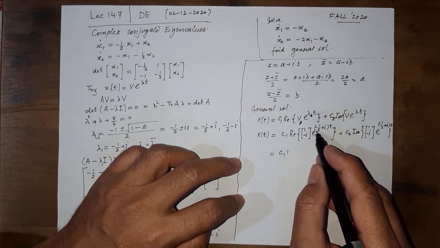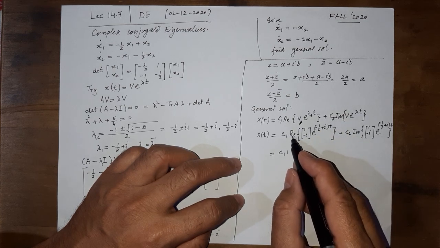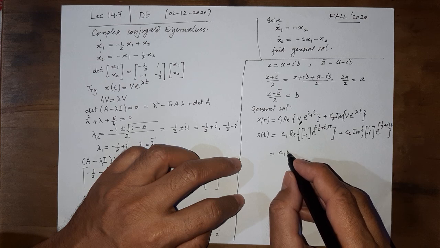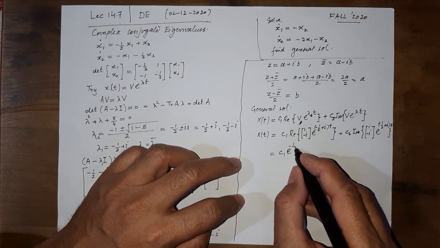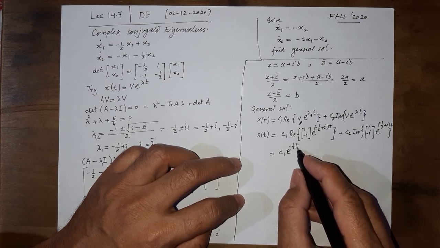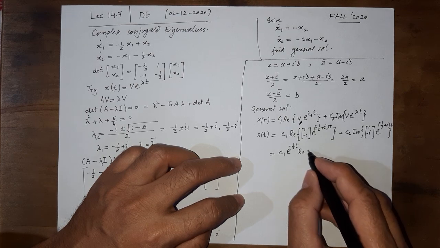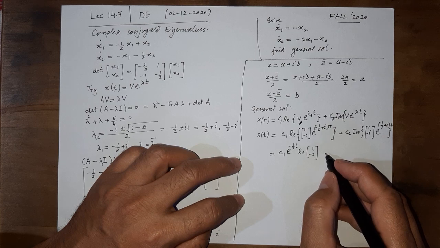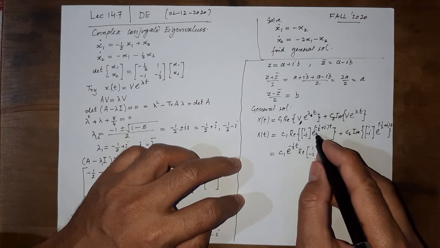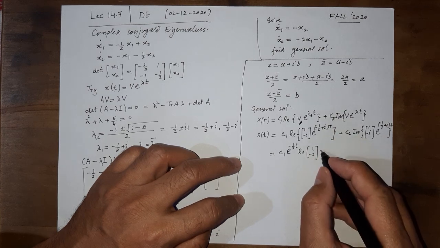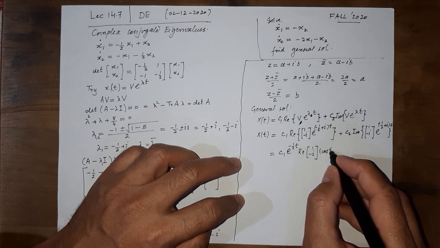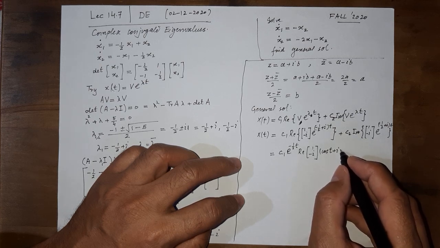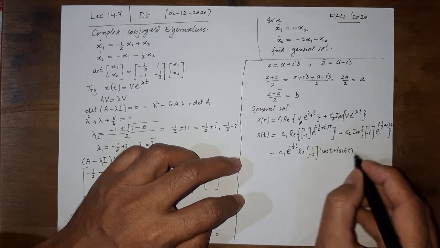So e raised to the power minus half t can be taken out of this because that's a real value. E raised to the power minus half t is real, and the real of 1 minus iota, and e raised to the power iota t is equal to cos of t plus iota sine of t.